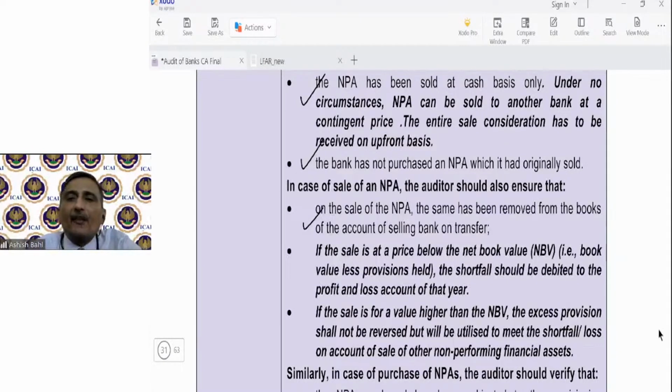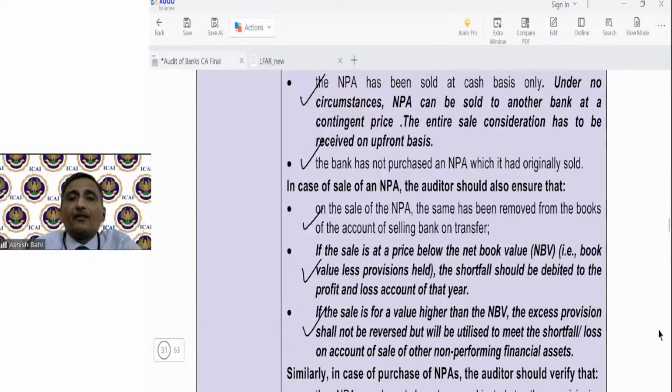Then the difference between the book value and the amount at which it has been sold is a loss for the bank. It should be debited to the profit and loss account of the bank.